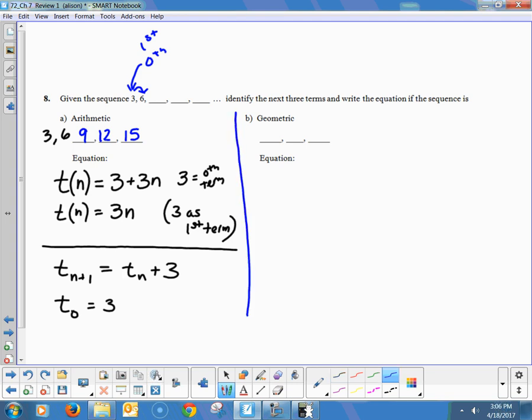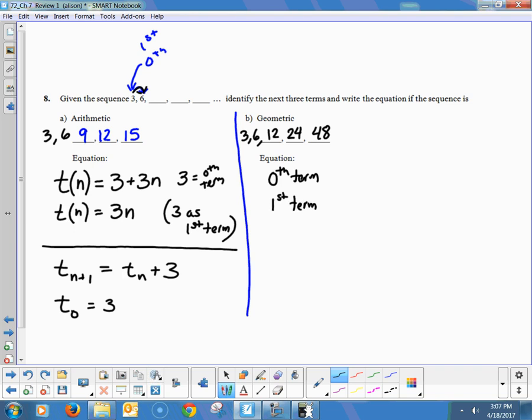If the sequence is geometric, that means it is a multiplying sequence, and we would be multiplying by 2 each time. So it would be 3, 6, we multiply by 2 and get 12, and multiply by 2 and get 24, and multiply by 2 and get 48. The equation for this, again, it depends on whether you have 3 as a 0th term, or 3 as a first term.